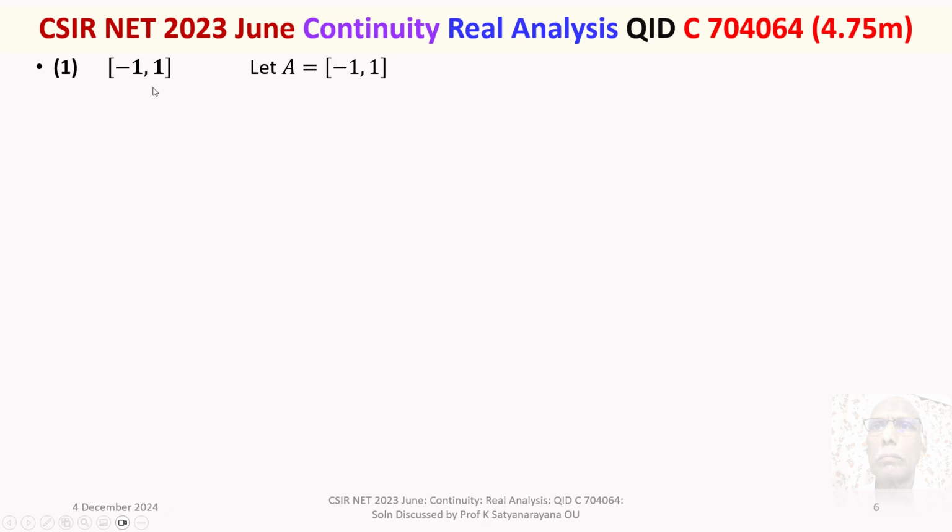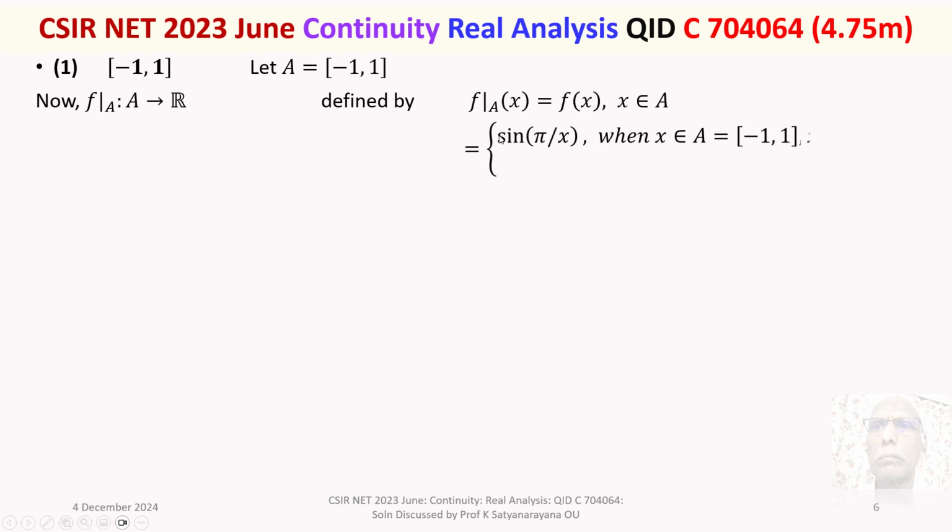Option 1, closed interval -1 to +1. Let us call this the set capital A. Now, the restriction of f to capital A is a function from A to R defined by f restricted to capital A of x is f of x, x belongs to A. That is, this is equal to sin pi by x when x belongs to A, that is the closed interval -1 to +1, x not equal to 0, and is 0 when x is 0.